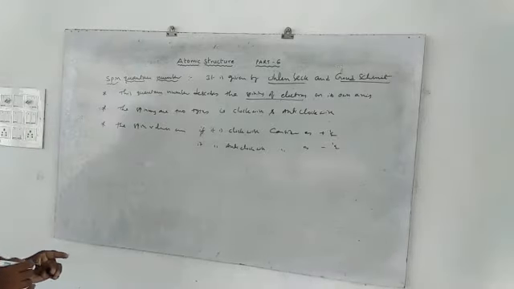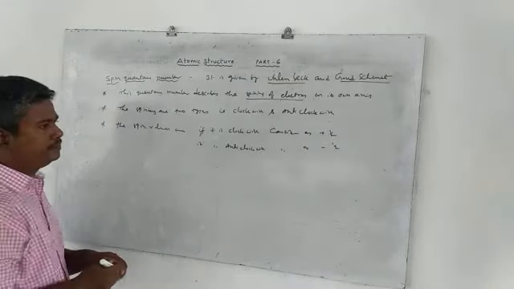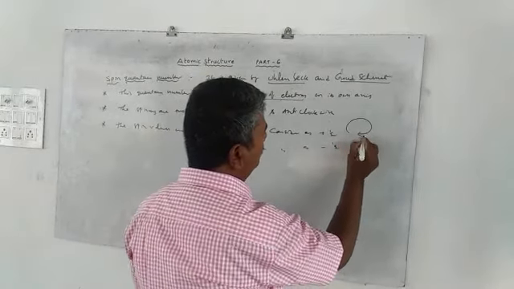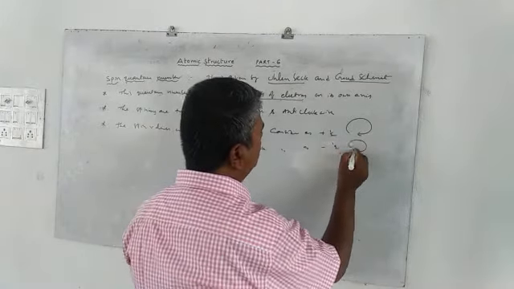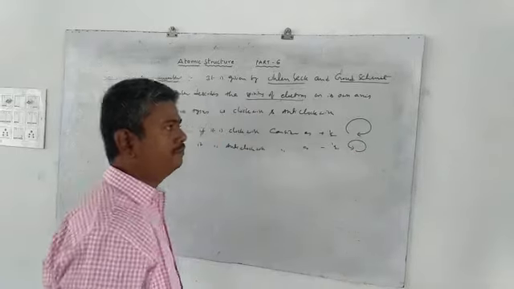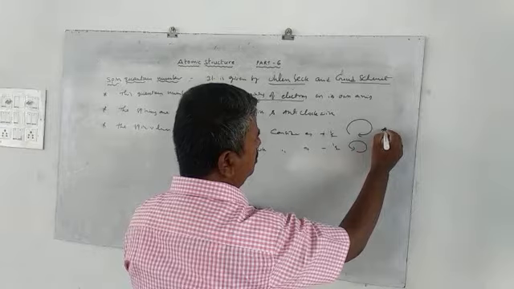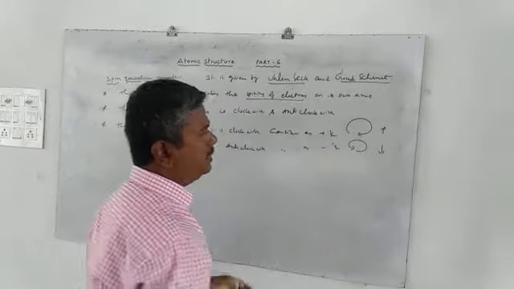That means if the electron is in clockwise, it spins like this, if it is anti-clockwise, like this, or simply this one is clockwise, this one is anti-clockwise.